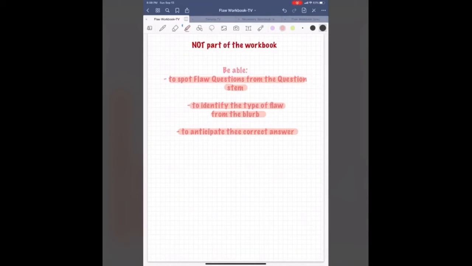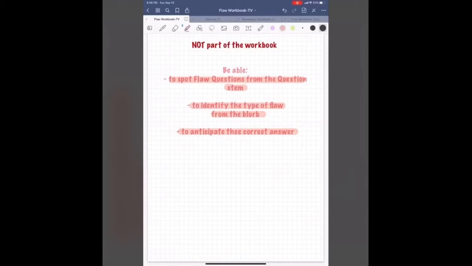What the type of flaw does wrongly will most likely surface on the correct answer choice, meaning if you know the type of flaw the blurb consists of, you will most likely be able to anticipate the correct answer choice before you go search for the answer in the answer choices. So that's why you are practicing for these things.